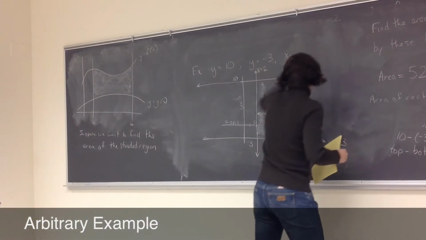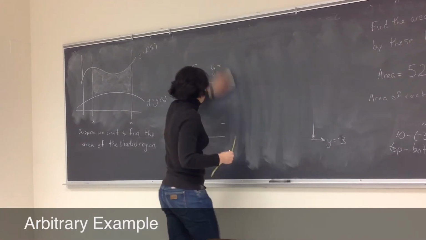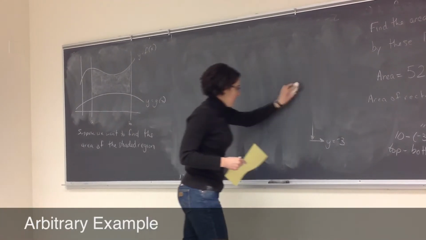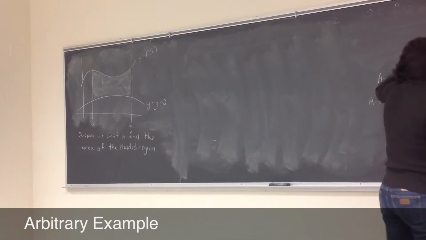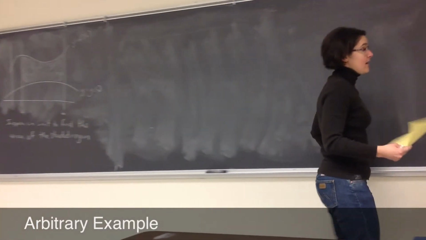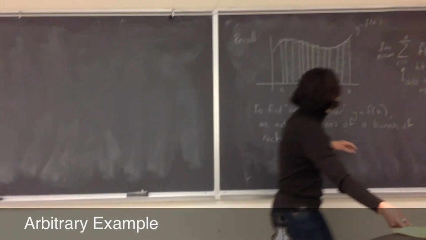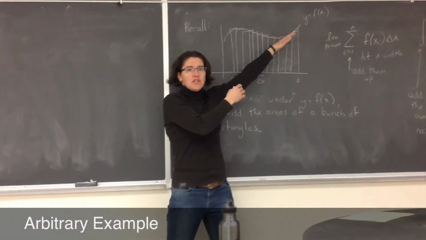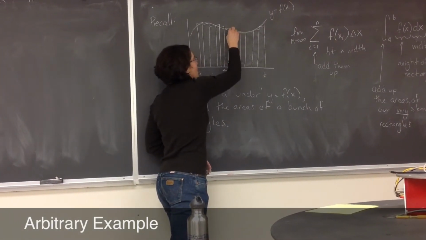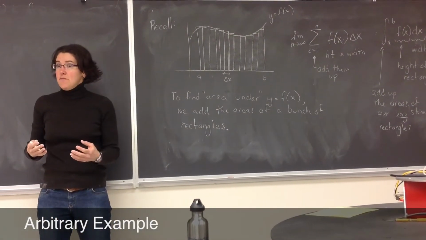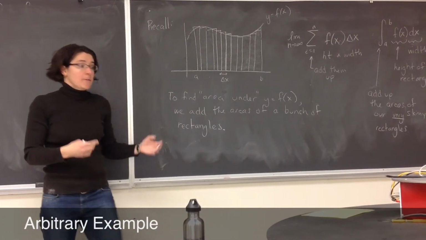Now again, this shaded region that we have here is not a shape that I have a known formula for, which means that we're going to have to integrate. And the reason that we integrate, and the reason that we talk about integration, is because we can take some funky shape, break it up into small pieces, like rectangles, that we can talk about the areas of, and then add all of those up.